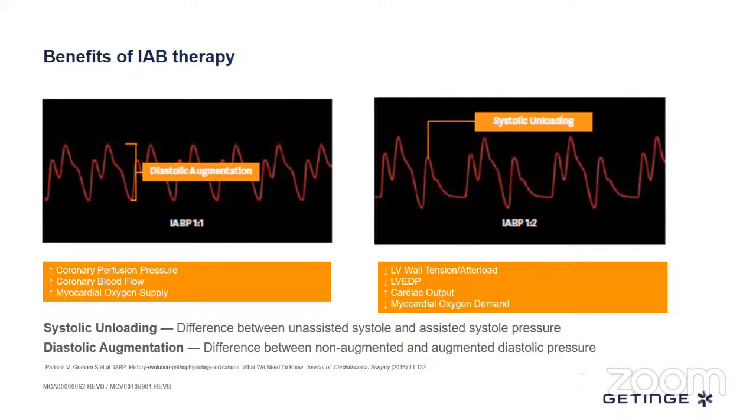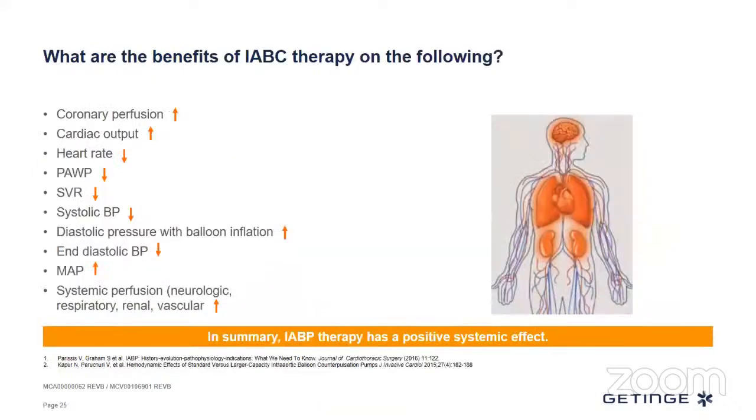But this is just a standard revision of what a balloon pump does. So what you want to see is increased coronary perfusion and cardiac output, depending on the intrinsic ability of the heart, especially the left ventricle. And something important to remember is that a balloon pump doesn't take over the function of the heart. It augments, it assists.